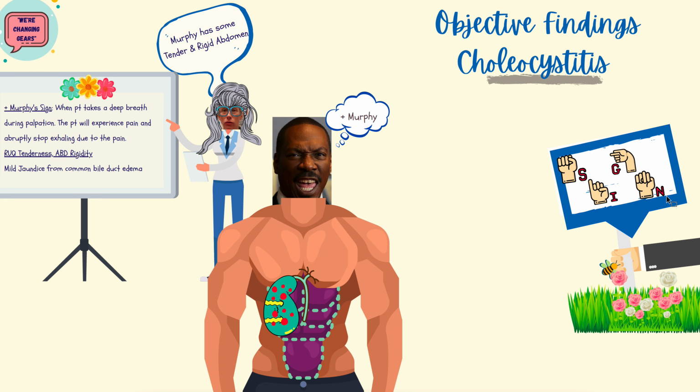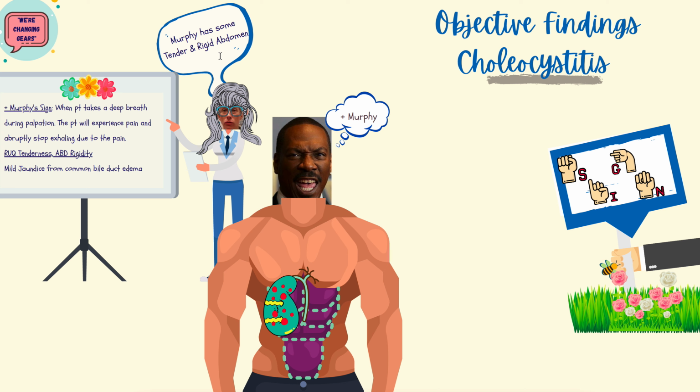So again, objective findings. This is just a different way to look at it. You're going to have the positive Murphy sign, which is Eddie Murphy here. When a patient takes a deep breath during palpation, the patient will experience pain and abruptly stop exhaling due to the pain. So say you're assessing the patient on the table and you ask them to take a deep breath while you palpate.